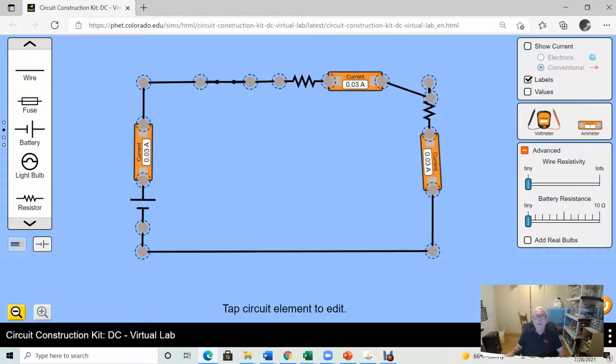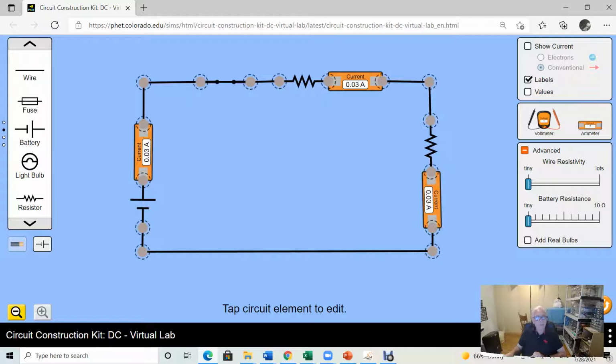Why doesn't this guy go straight up? Maybe we have to cut it loose first. I want it to be in a straight line. Here you go. Three ammeters. They are all the same.